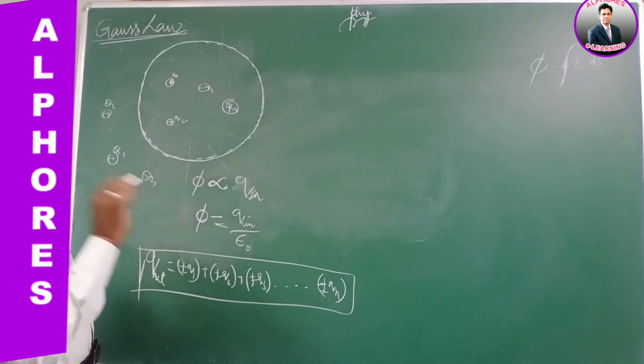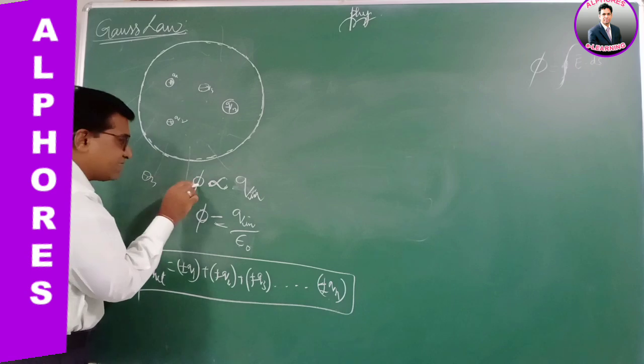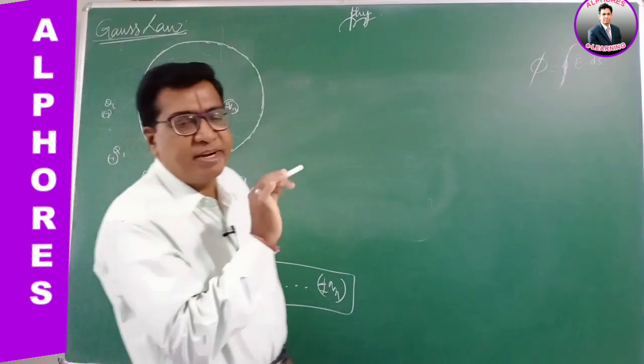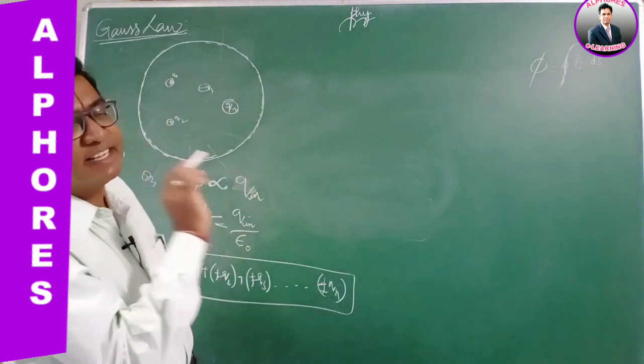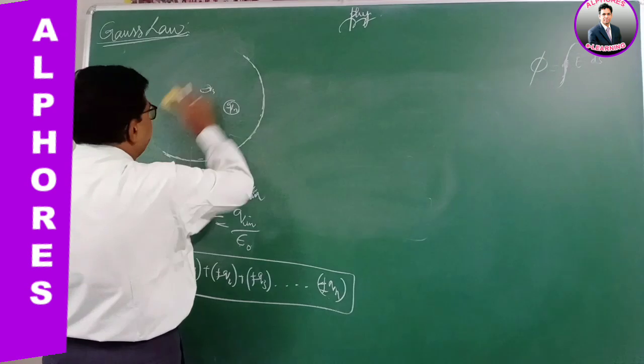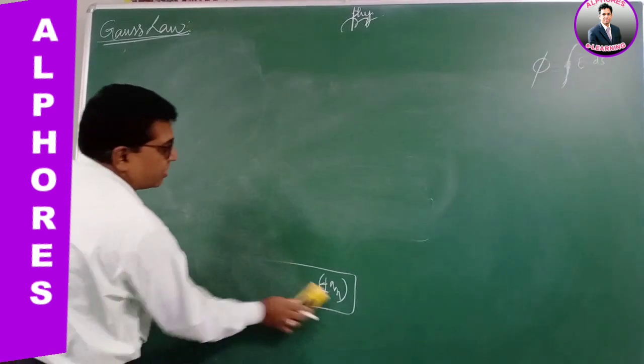Right? A very important point. Based on this, many questions are asked. The flux through the Gaussian surface purely depends upon the charge present inside the Gaussian surface. So flux never deals with the charge which is present outside the Gaussian surface.